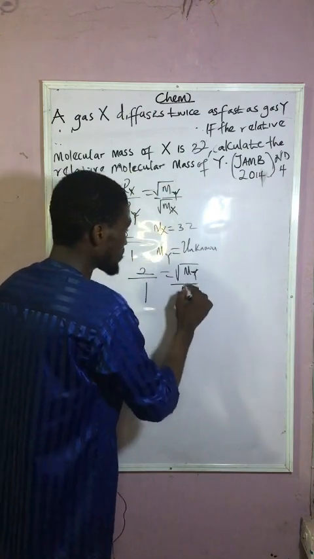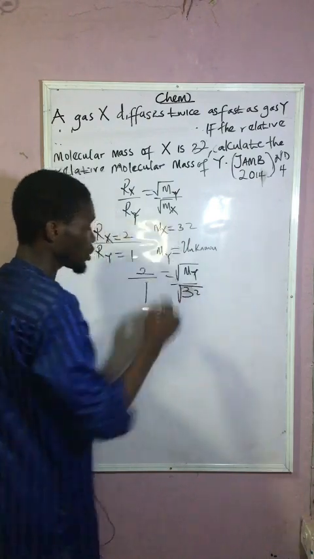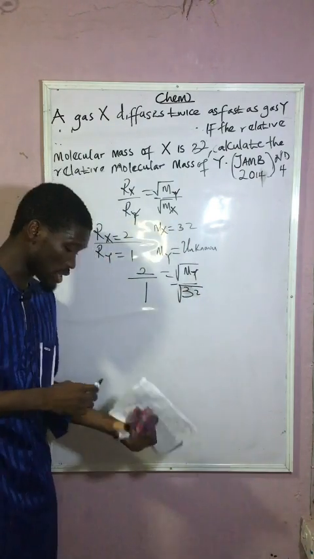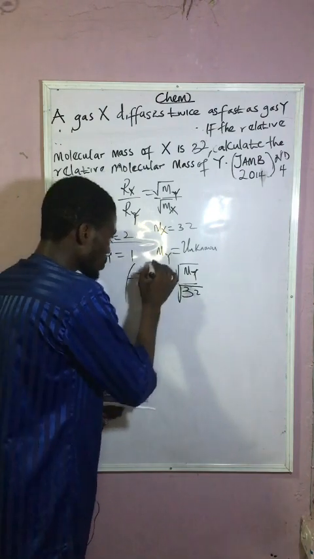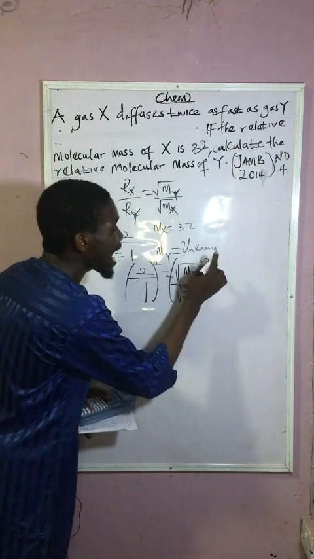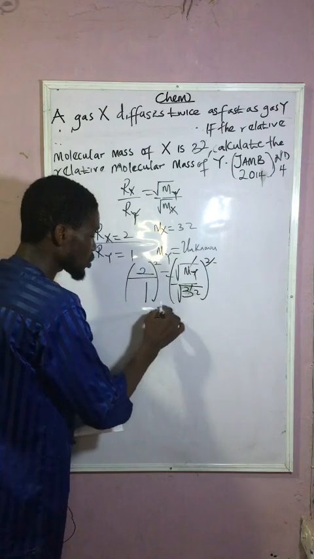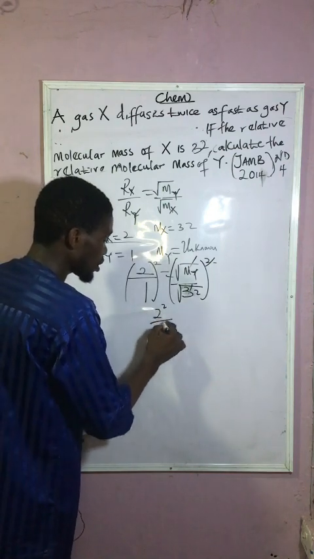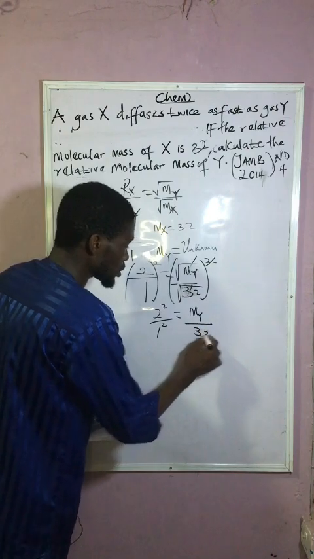Our MX is given to be 32. So squaring both sides, we raise to the power of 2. The power of 2 cancels the square root on this side, and we have MY over 32.